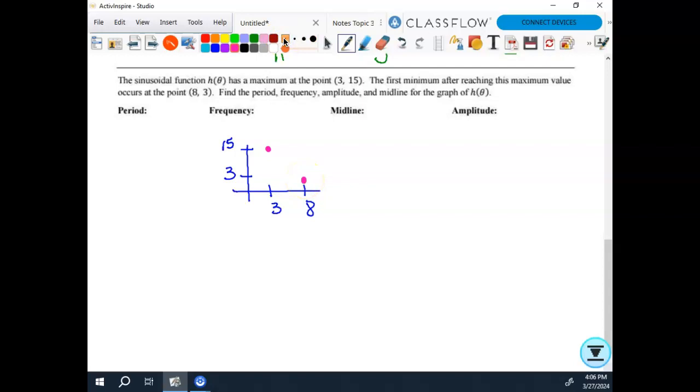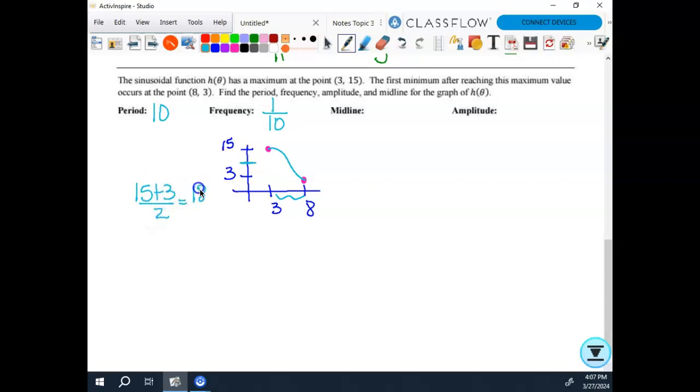Okay. So then I'm looking for the period. Well, this would only be half of a graph, so from here to here is 5, which means the period is 10. Frequency would be 1 over 10. Midline would be halfway right here, so I can do 15 plus 3 divided by 2.